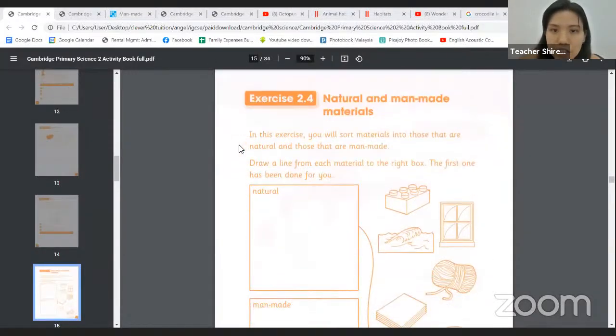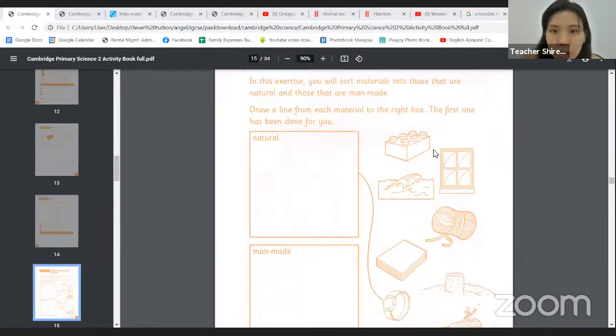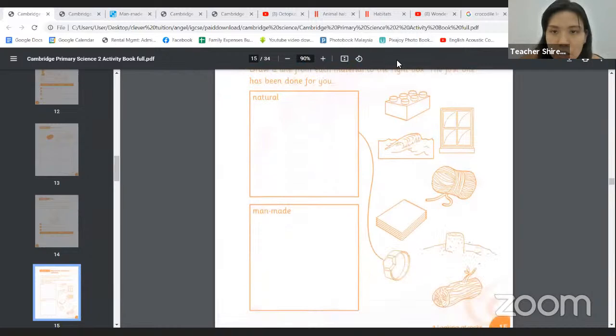Well done. Good job. Okay, let's go to your book. Activity book, page 15. You see over here, natural and man-made materials. Angel, you can use your annotate.